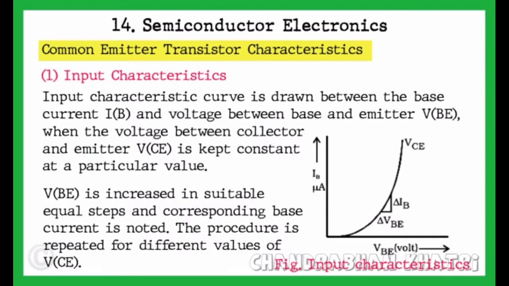First one, input characteristics. Input characteristic curve is drawn between the base current IB and voltage between base and emitter VBE. When the voltage between collector and emitter VCE is kept constant at a particular value, VBE is increased in suitable equal steps and corresponding base current is noted.